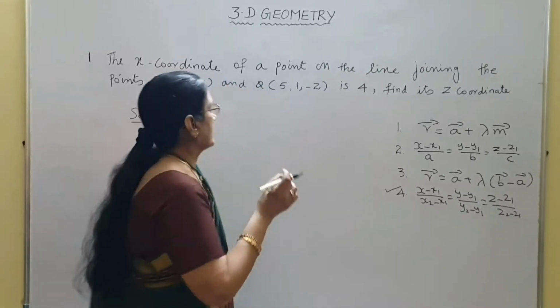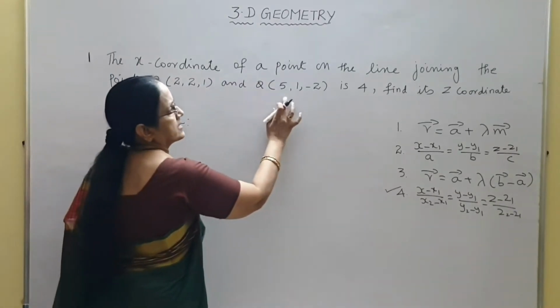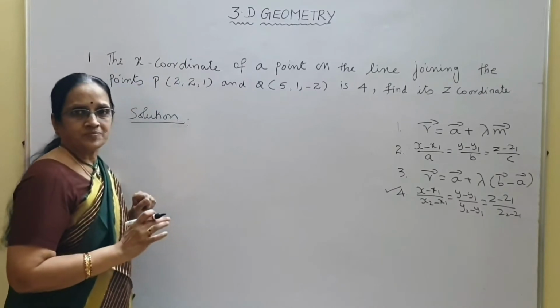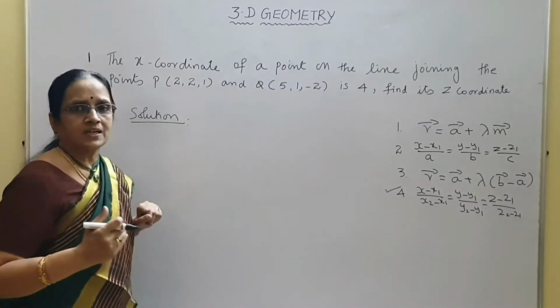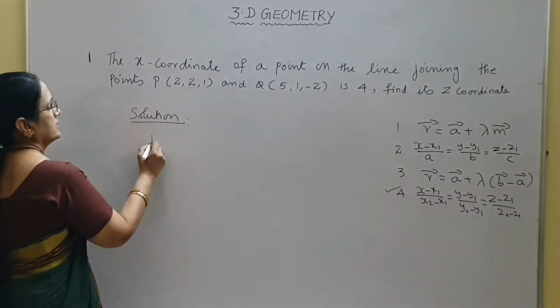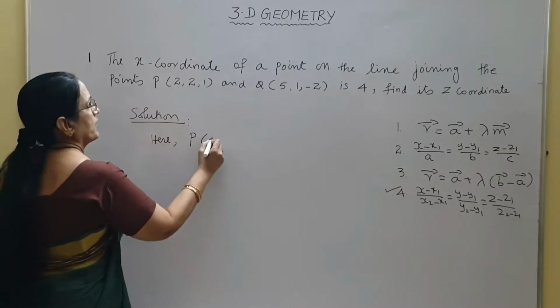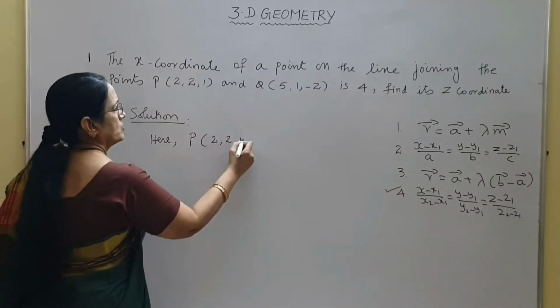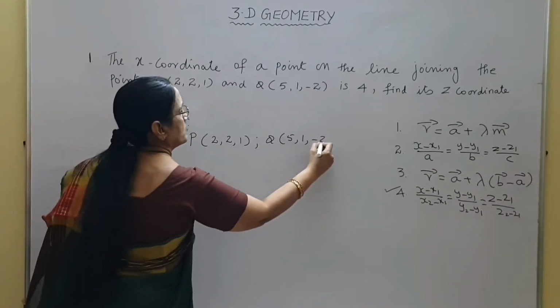Here you can take the point P as x1, y1, z1 and Q as x2, y2, z2. So, using that, let us first write the equation of the line PQ. What are the things given to you? P is the point 2, 2, 1 and Q is the point 5, 1, -2.